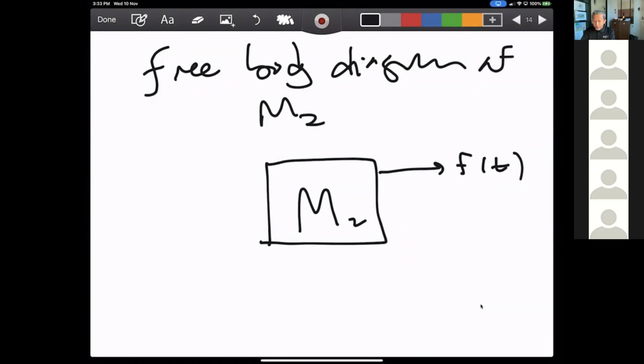Then what else? M2 x2 double dot, d²x2 over dt². What else? Spring K2 x2. Then K2 x2 is the change of displacement, so K2 x1.